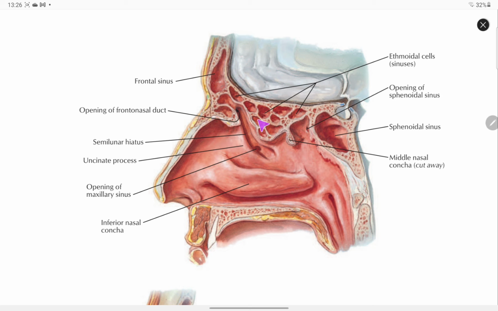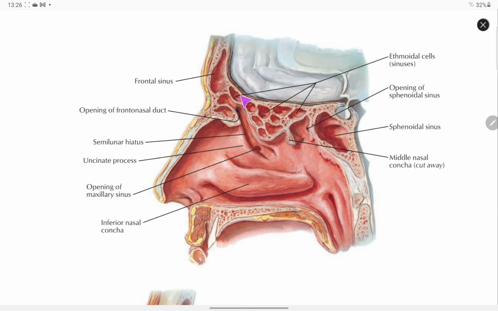Now about the ethmoidal sinus. It consists of numerous small intercommunicating spaces which lie within the labyrinth of the ethmoid bone. They are completed from above by the orbital plate of the frontal bone and behind by the sphenoidal concha.